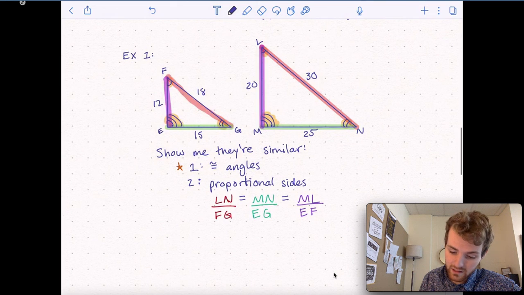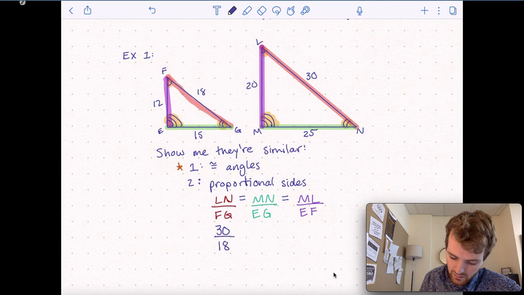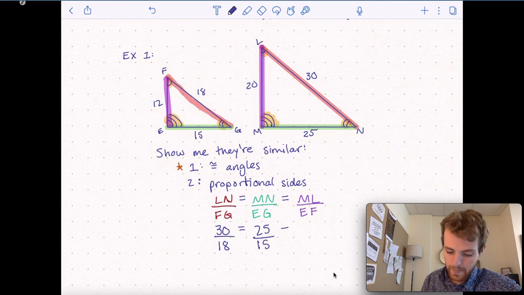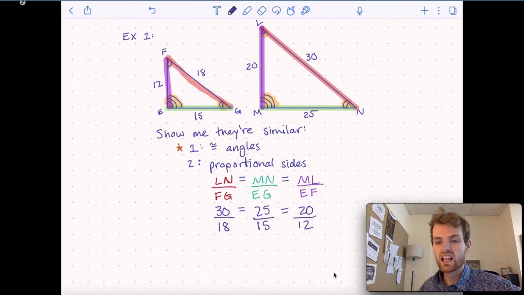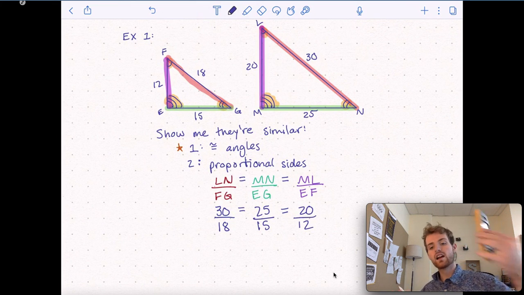Well, LN is 30, FG is 18, MN is 25, EG is 15, ML is 20, EF is 12. Let's go ahead and simplify these. I'm just going to type these into a calculator.